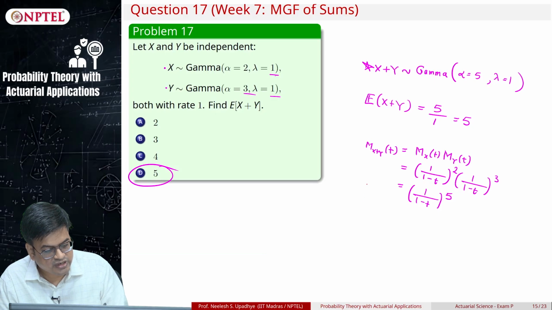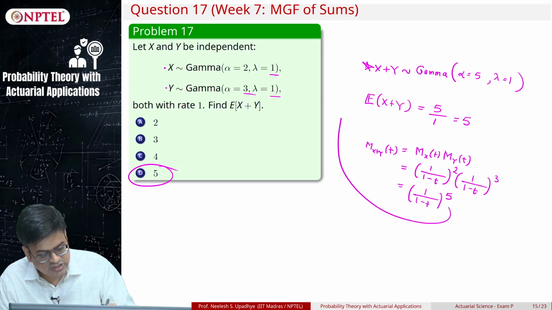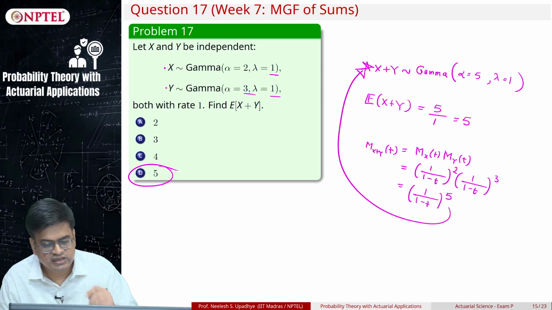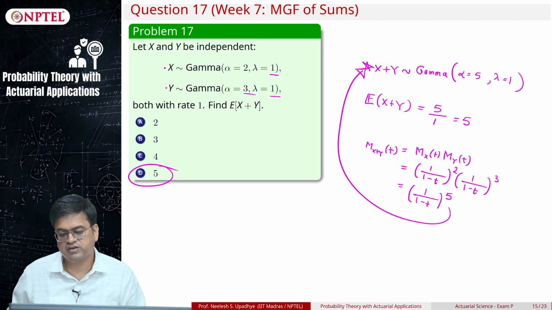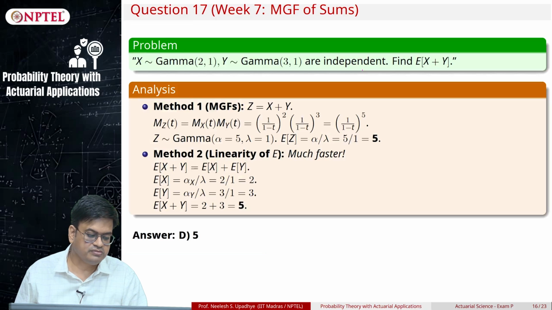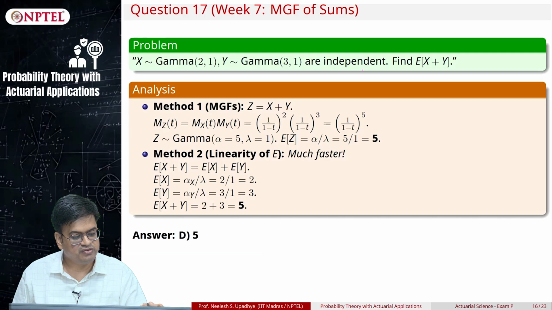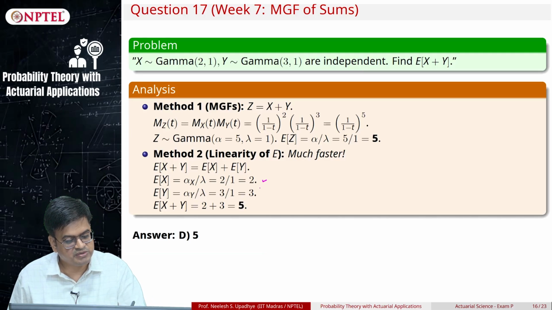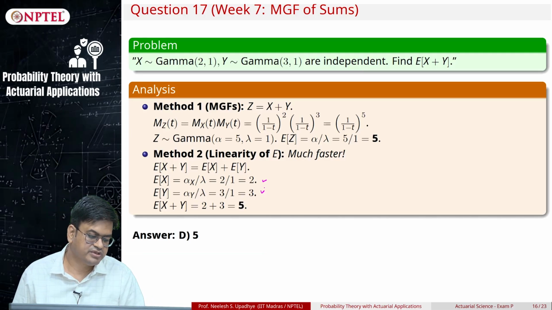Therefore, you can conclude from this MGF that X plus Y is gamma with alpha equal to 5 and lambda equal to 1. This is very easy and you can solve it in 2 minutes. So, these are the expectation steps. Both ways it is a very easy problem.